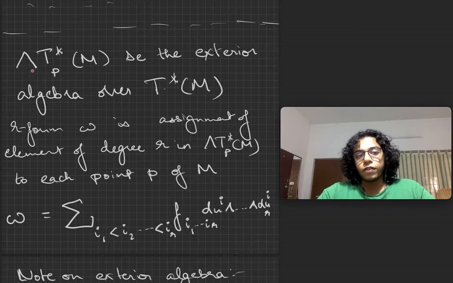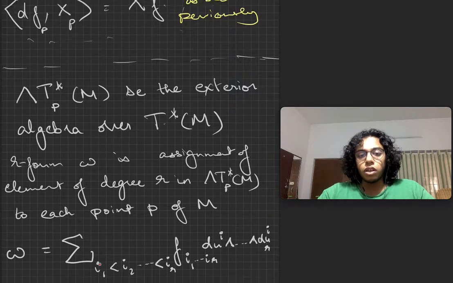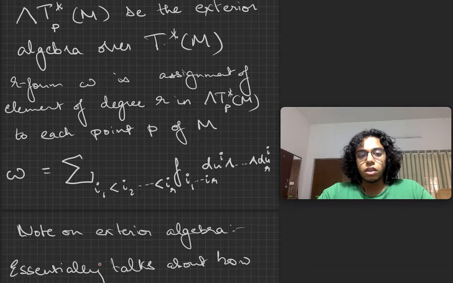If wedge of T star Pm is the exterior algebra over T star M, an R form omega is an assignment of an element of degree R in wedge T star Pm to each point P of the manifold M. So essentially you can define omega for any R form, not necessarily a one form.